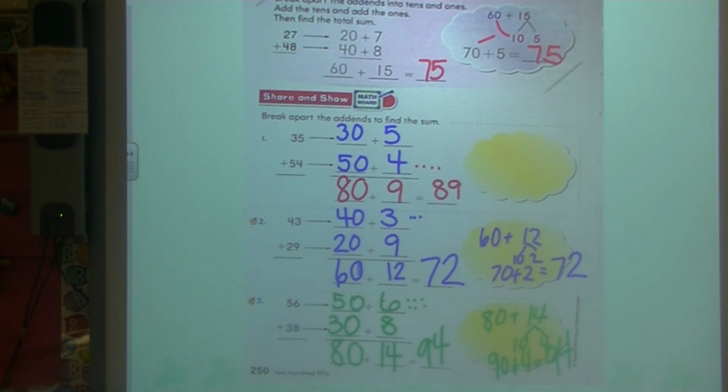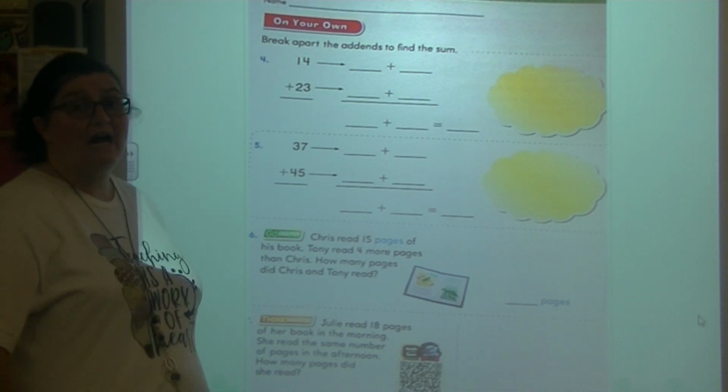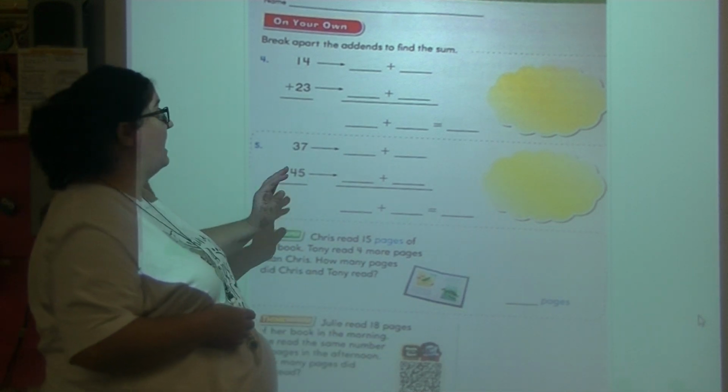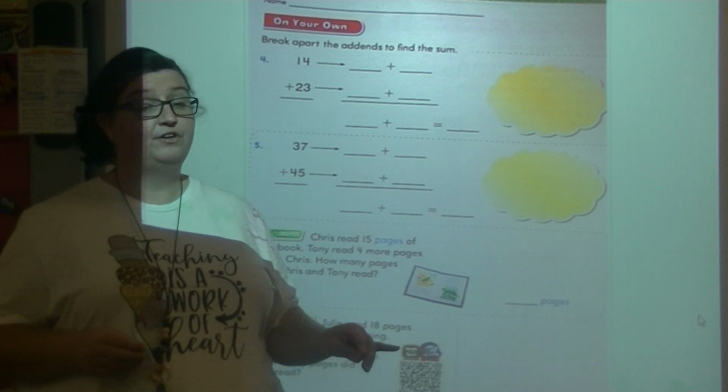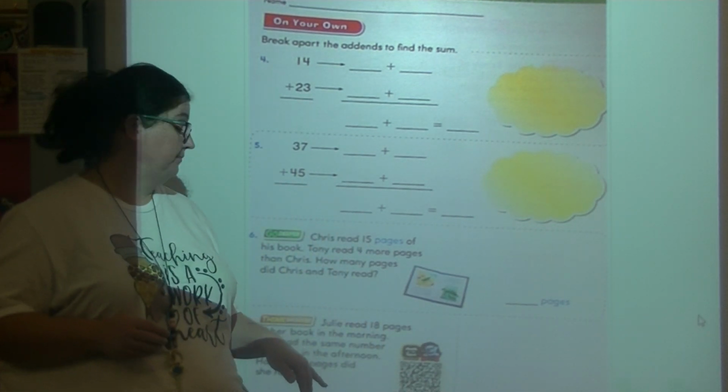All right, when you're ready, turn the page. I want you to pause the video and try 4 and 5 by yourself, and then press play, and we're going to go over it to check it.